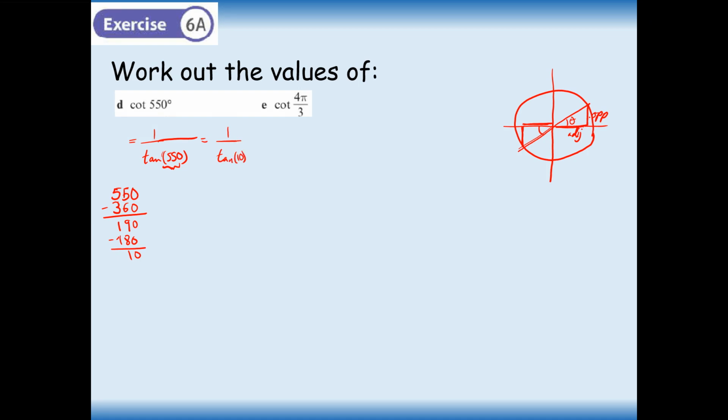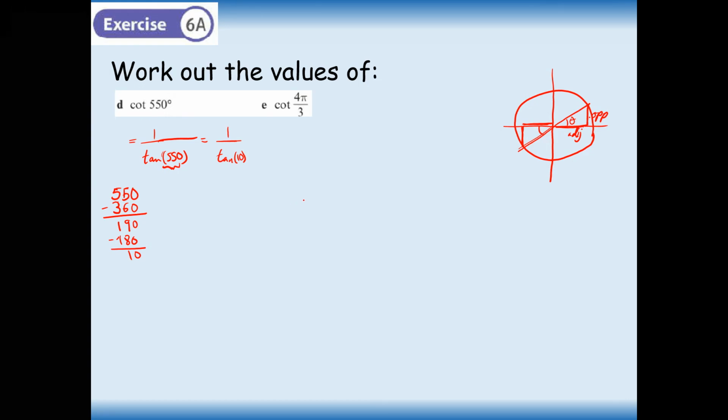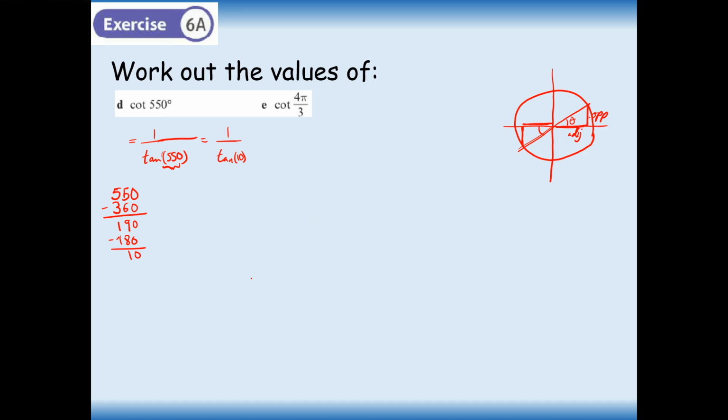Now, that's it. What is tangent of 10 degrees? Tangent of 10 degrees is 0.17, and 1 divided by that fraction is actually 5.67, to two decimal places.